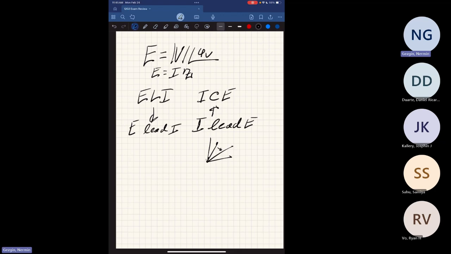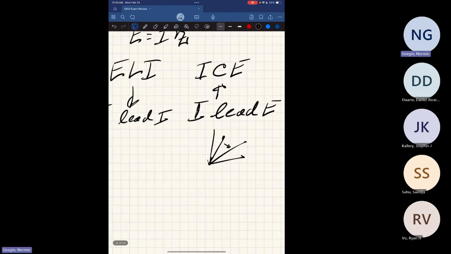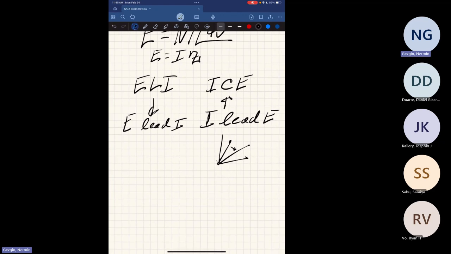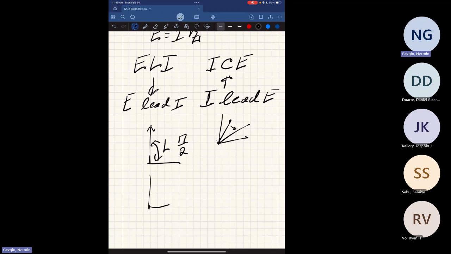Are there any questions? No, not right now. Okay, so that's how you remember it. And remember that the angle for an inductor is going to be pi over 2, and the angle for a capacitor is negative pi over 2.